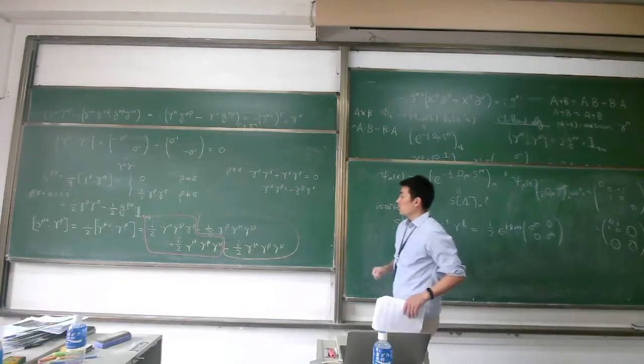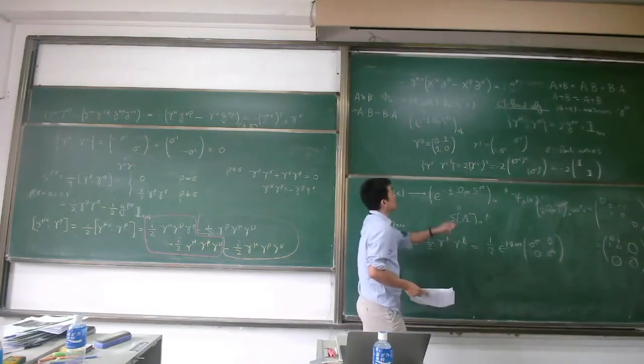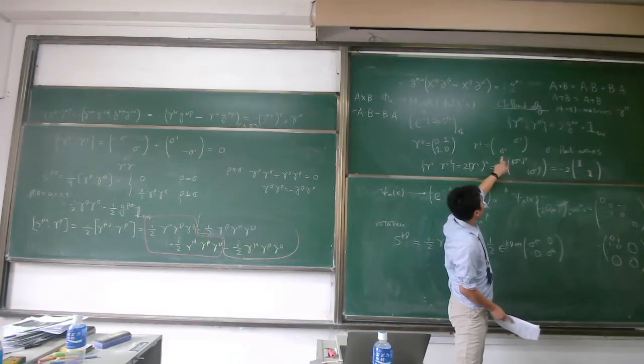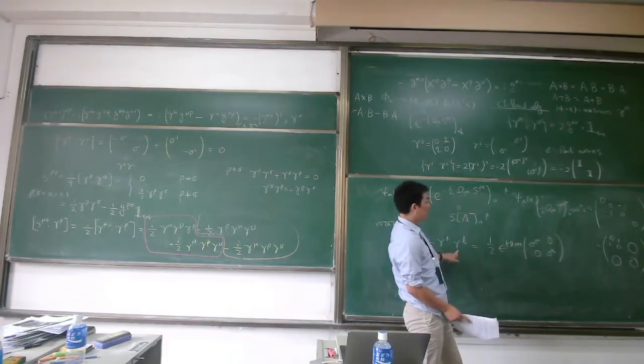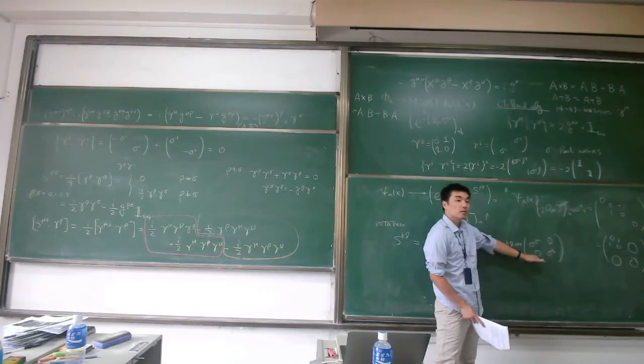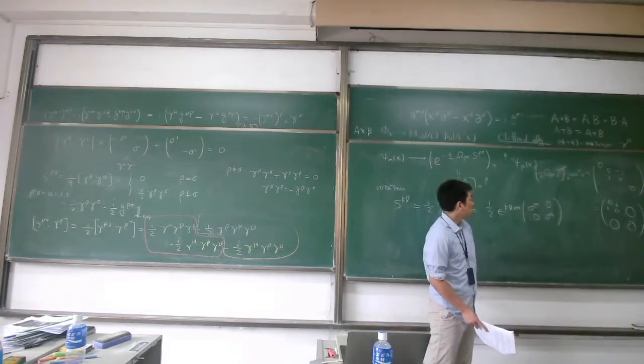So this is an easy calculation. I use a basis for this one, gamma I, gamma K and gamma L. So we take this basis, then you get this one. That's easy to see from Pauli matrices.